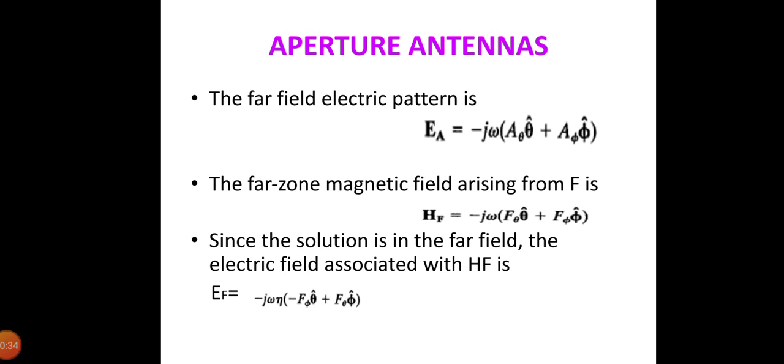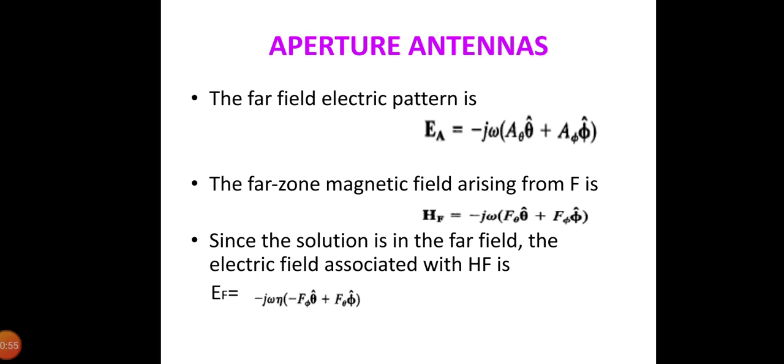So the far field electric pattern E_A is equal to minus j omega into A theta theta vector plus A phi phi vector, and the far zone magnetic field arising from F is written as H_F equal to minus j omega into F theta theta vector plus F phi phi vector.